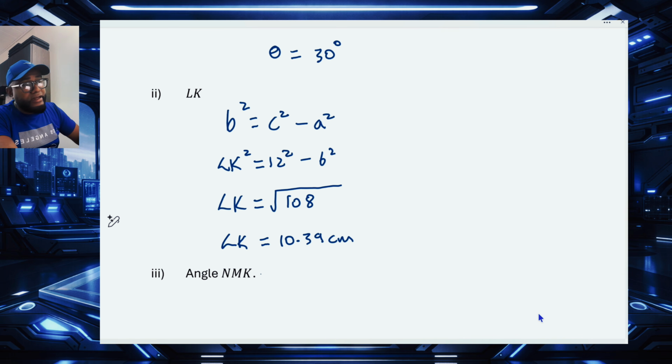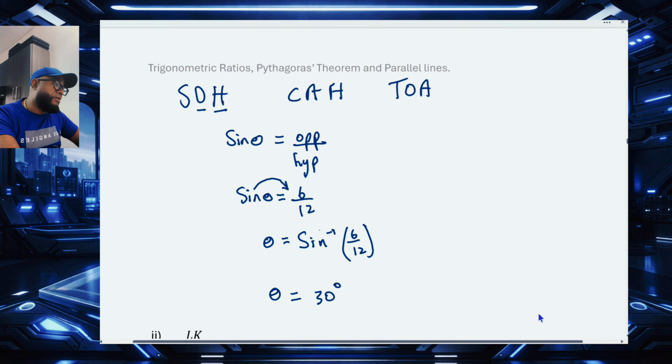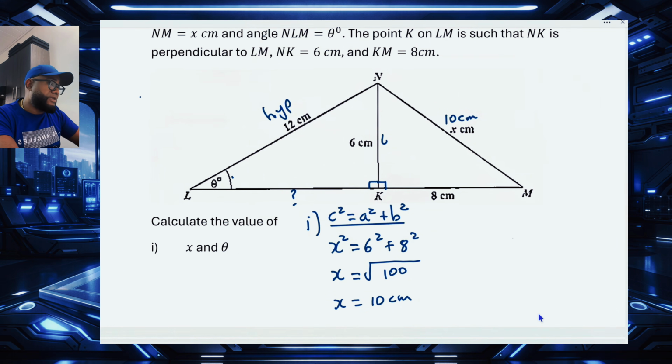Let me find angle NMK now. N to M to K is here. Let me call this theta, even though they have a different theta on the side. We call it theta for this question also. What will you use?